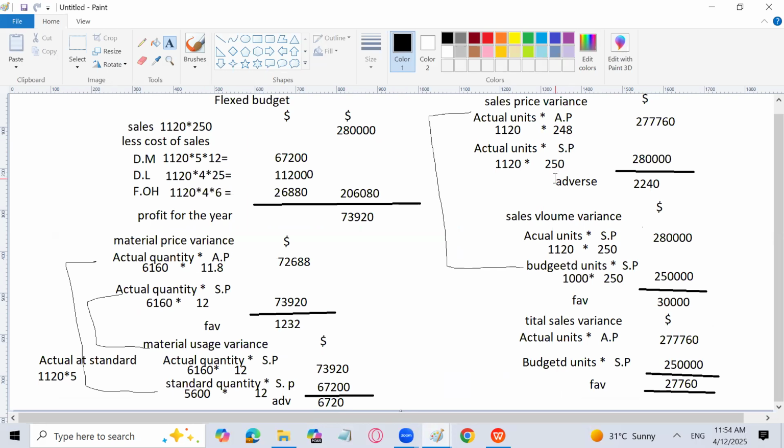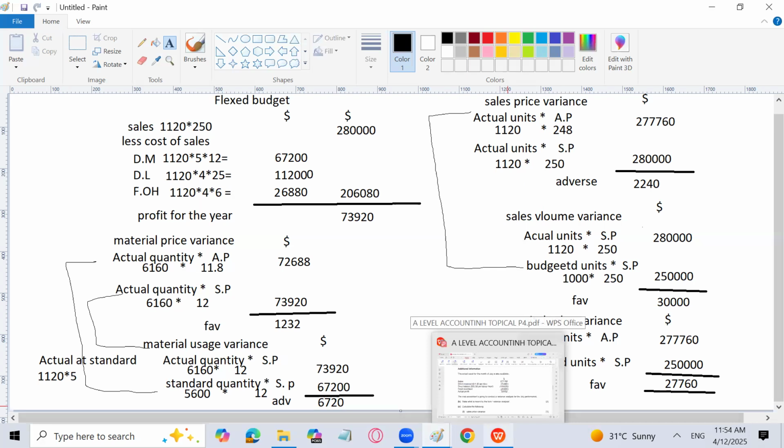If we decrease the selling price more, maybe people think that we are producing low quality products and the customer will lose interest. Secondly, if there is high competition in the market and other competitors are offering a low price, then we can reduce the price because we are still in profit. So we can afford to reduce the price, right? But our sales price variance will go even more adverse.